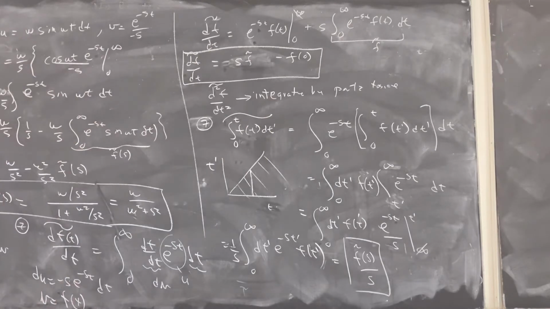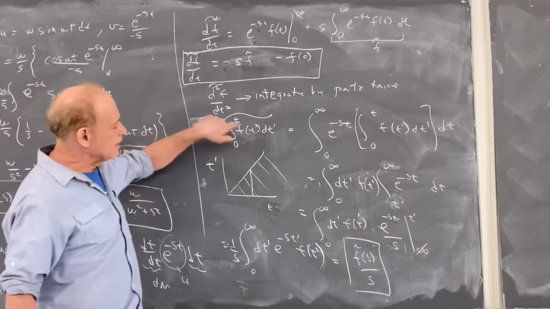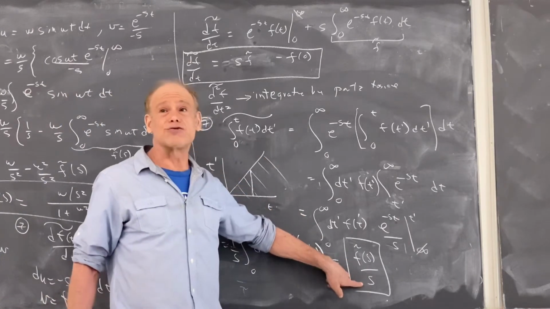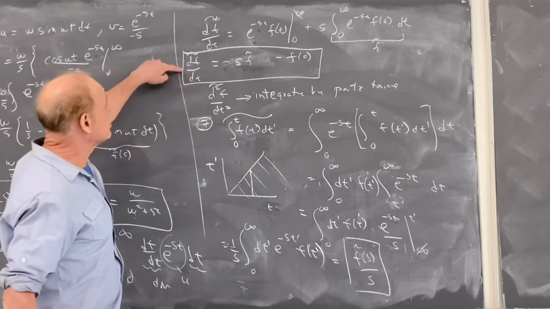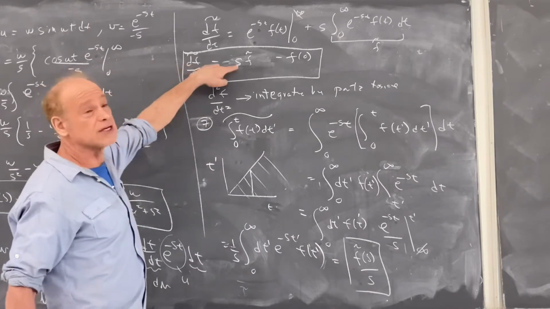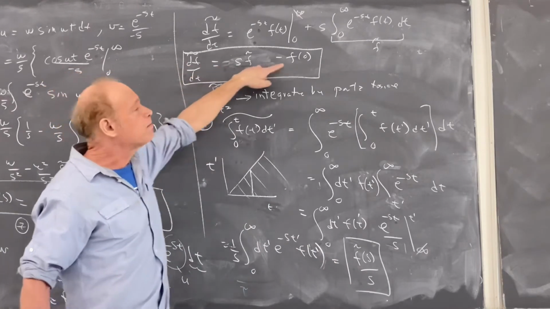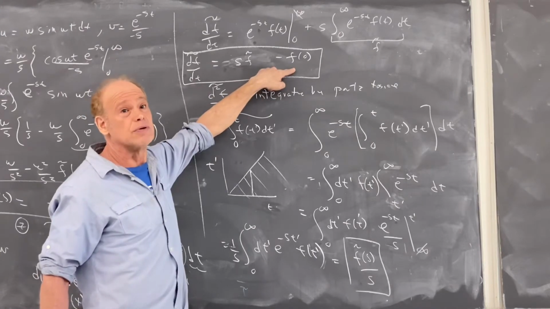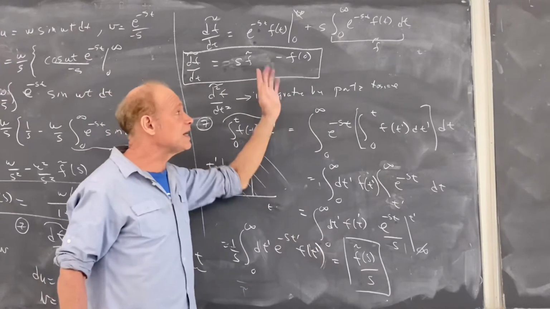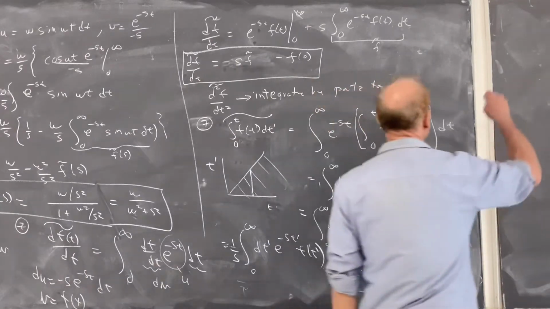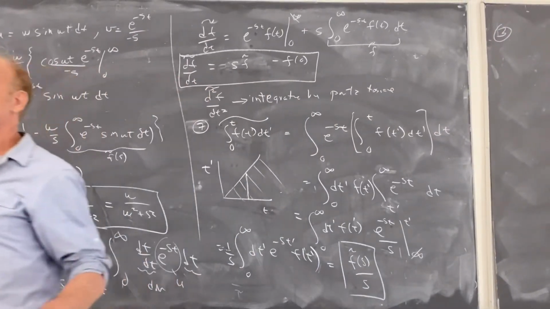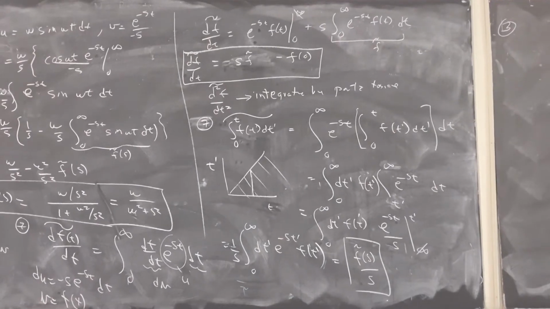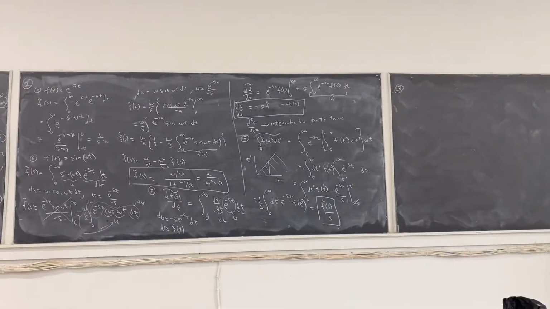So notice there's almost a symmetry here. The Laplace transform of the integral disappeared, and I get a 1 over s. The Laplace transform of the derivative disappears, and I get multiplied by s. But I still have this minus f of 0, which I don't have here. So it's not an exact symmetry, but it's close. You can see that when you divide by s, that came from integrals, and when you multiply by s, that came from derivatives.